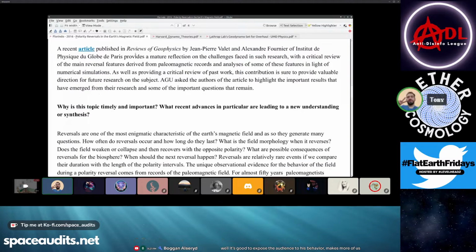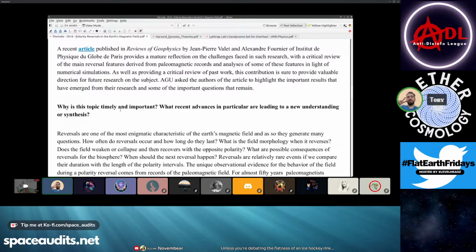A recent article published in Reviews of Geophysics by Jean-Pierre Valet and Alexandre Fournier of Institut de Physique du Globe de Paris provides a mature reflection on the challenges faced in such research, with a critical review of the main reversal features derived from the paleomagnetic records and analyses of some of these features in light of numerical simulations. As well as providing a critical review of past work, this contribution is sure to provide valuable direction for future research on the subject.